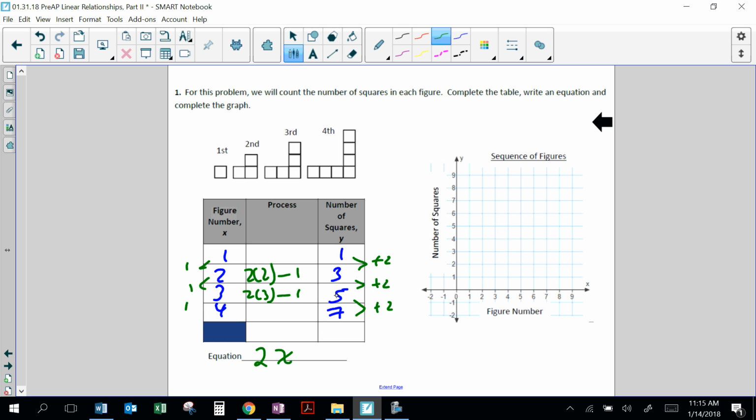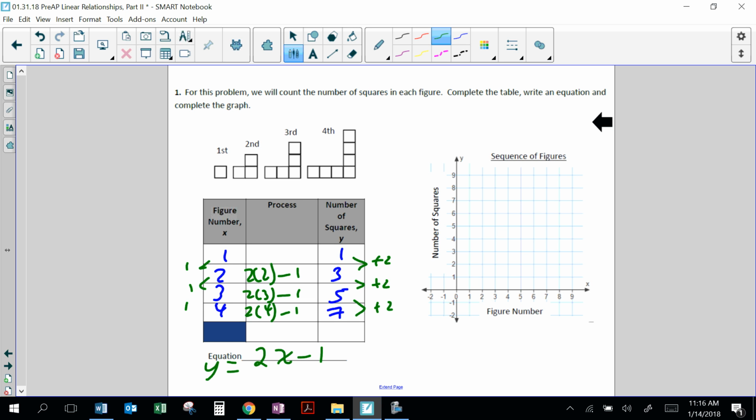Then I take away 1, that'll be 5. And the next one is 2 times the figure number 4, take away 1, it is 7. So 2x minus 1. y equals 2x minus 1.